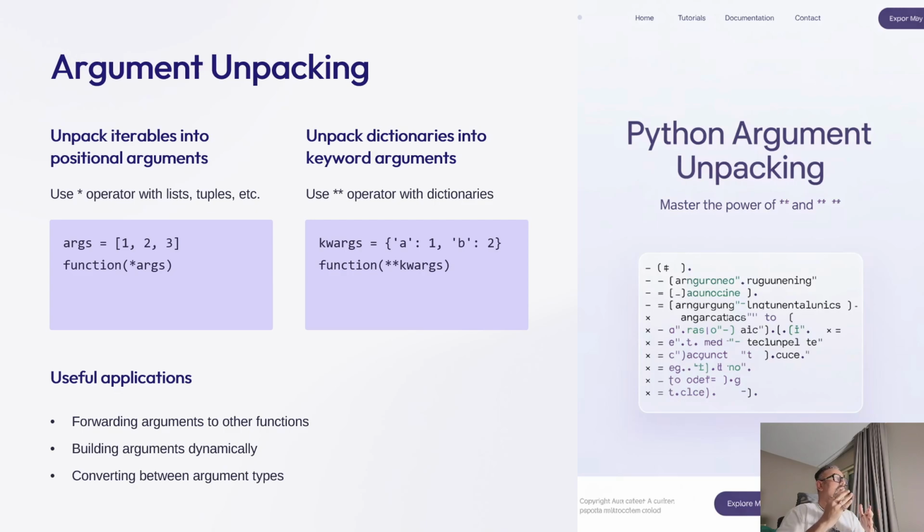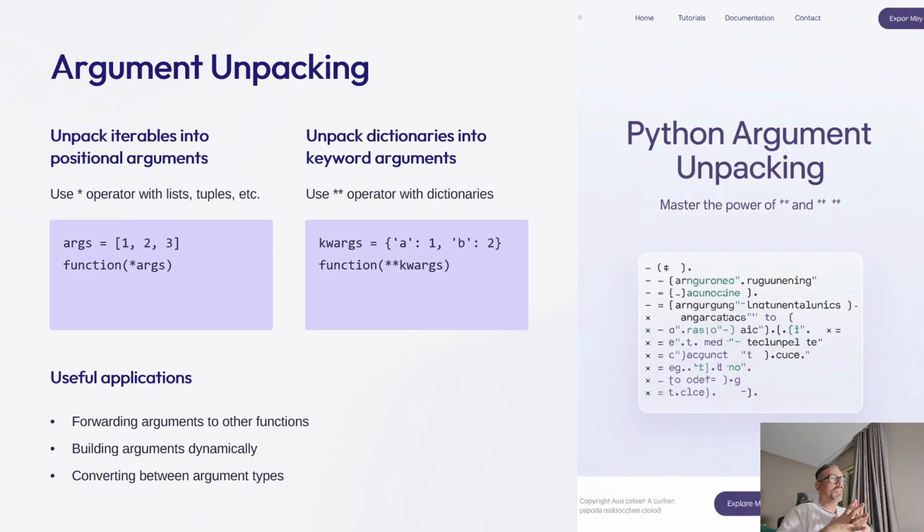So you can take an entire list or tuple, and by using the asterisk operator, you can separate that into arguments. This is incredibly useful for forwarding arguments to other functions, building arguments dynamically, or converting between argument types. What do we mean by that?